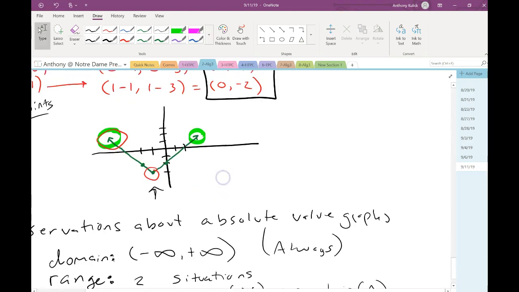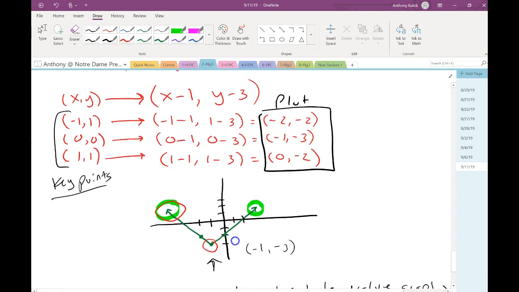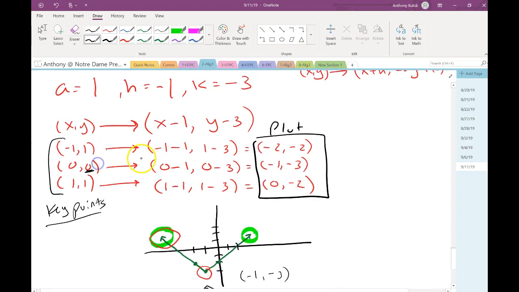If I go back and I look here, this is the point, negative 1, negative 3, right? It's corresponding to this point, which is changed by the k.